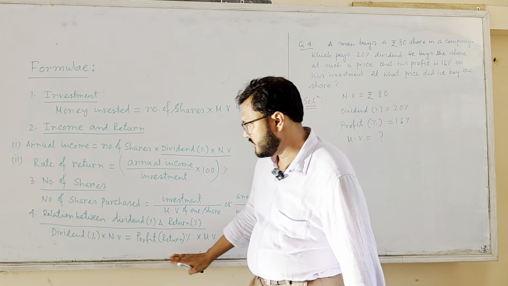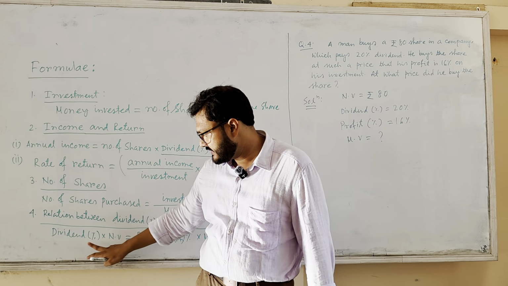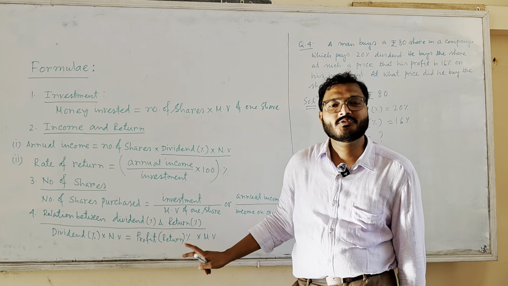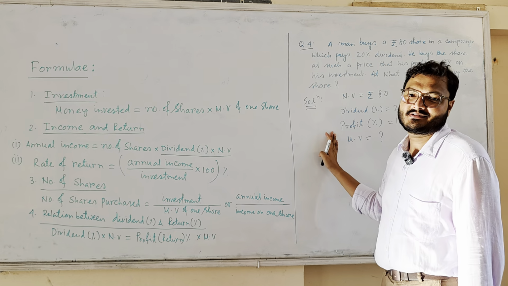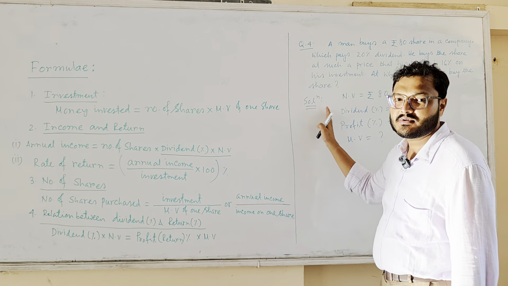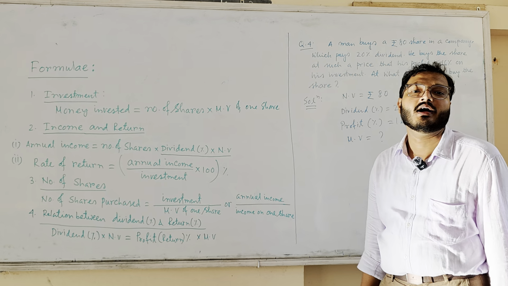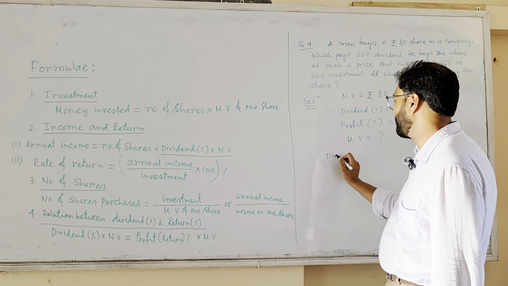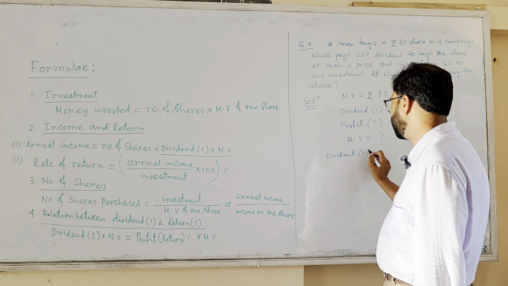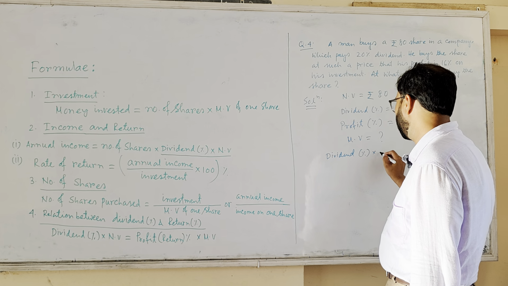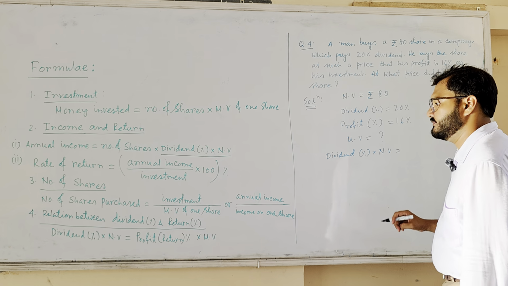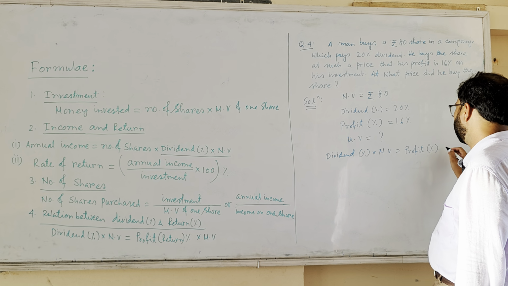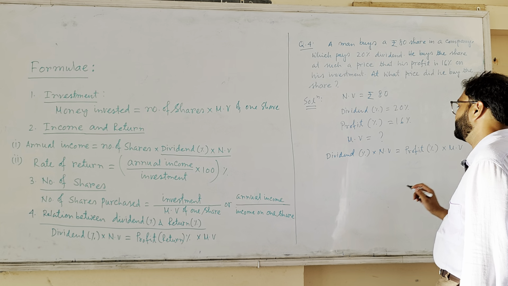Look at this formula. Dividend percentage into nominal value equals profit percentage into market value. So first write which are known, then they will help us decide which formula to use. Here we'll apply this one: dividend percentage into nominal value equals profit percentage into market value.